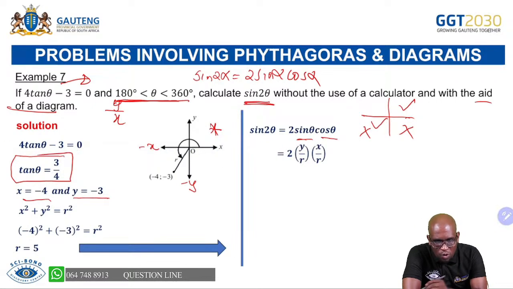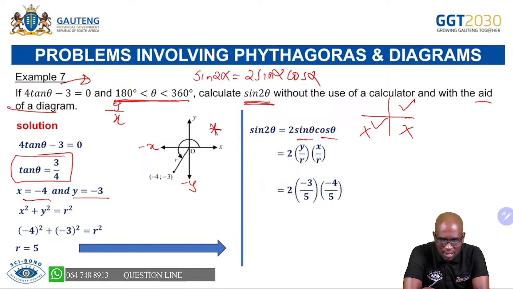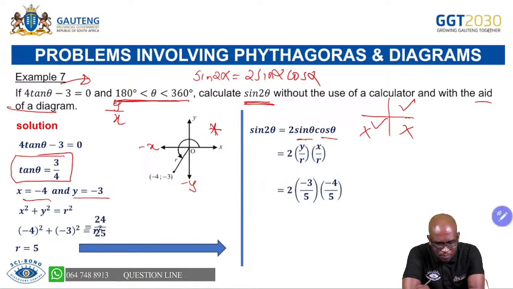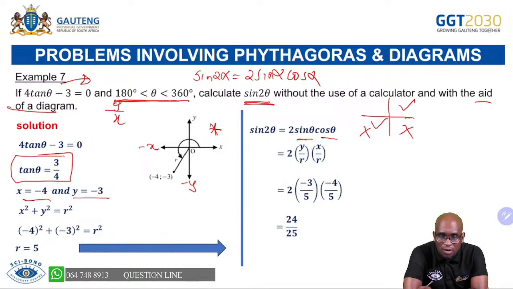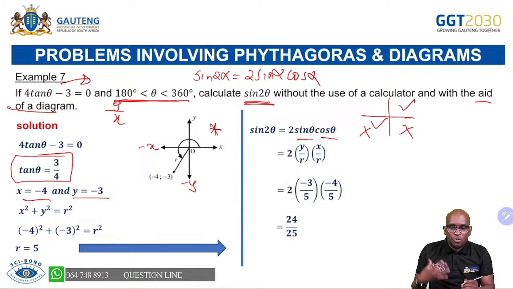Now from there, we are going to say sine is y over r, cos is x over r. Now we substitute the values of x, y, and r in that, and then we get that this is 2 into negative 3 over 5 times negative 4 over 5. And then from there, we are going to get that the sine of 2 theta would be 24 divided by 25. So that's how you were supposed to work with this particular problem.